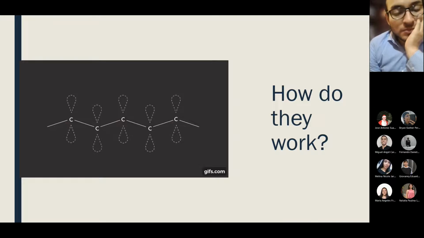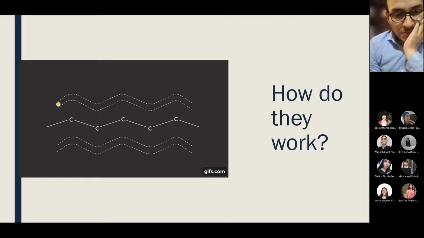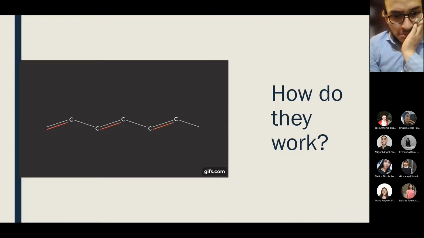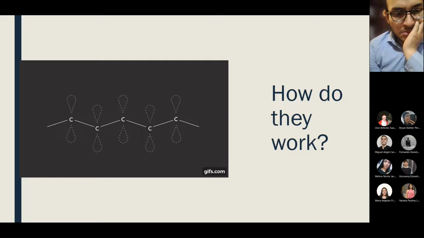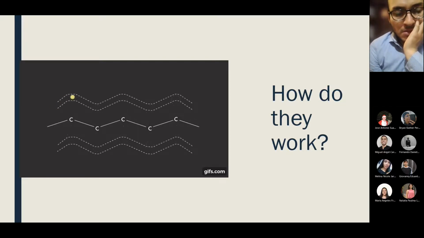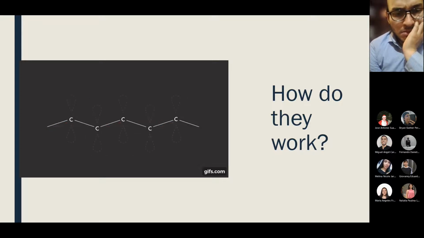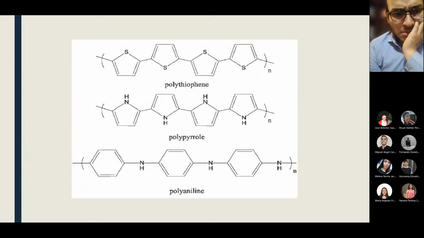Pi bonds are consistent delocalized electrons that are kind of free, so they can easily move from one station to another, as we can see here in the diagram. These not really bound electrons move, and thus they can conduct.